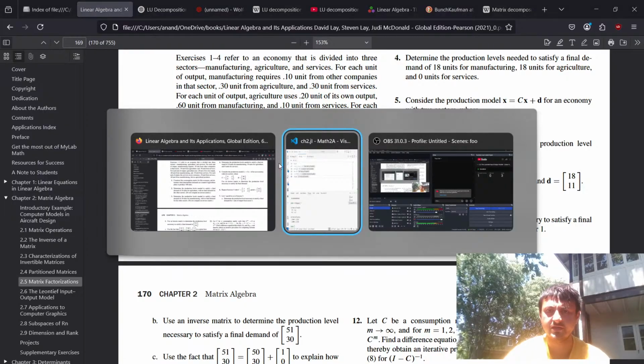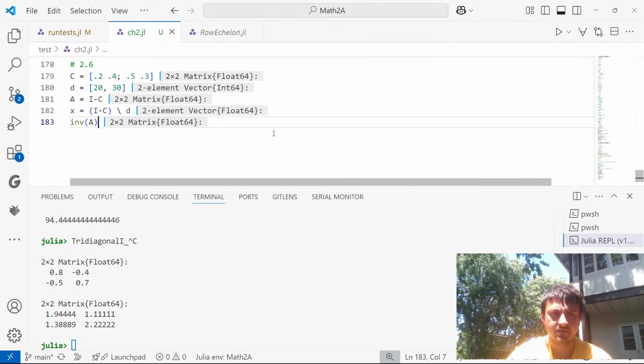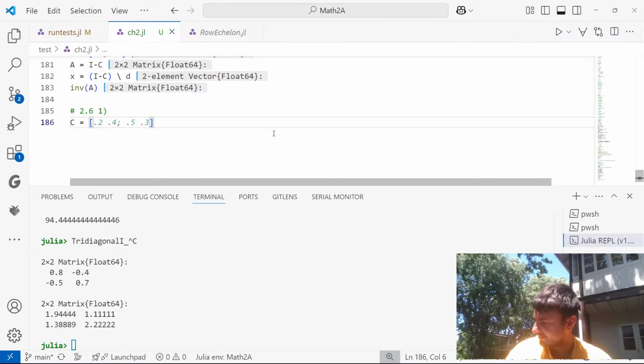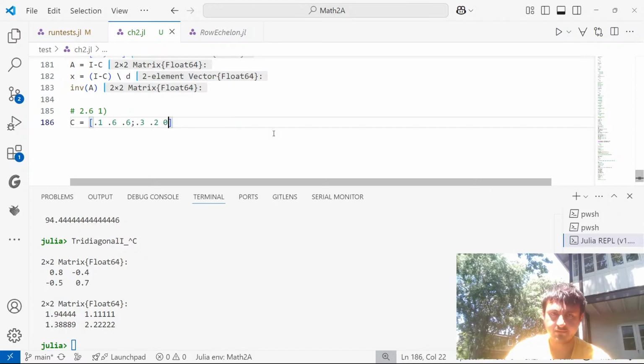Okay, so let's just get number 1. The consumption matrix I got was 0.1, 0.6, 0.6, 0.3, 0.2, 0, 0.3, 0.1, 0.1.